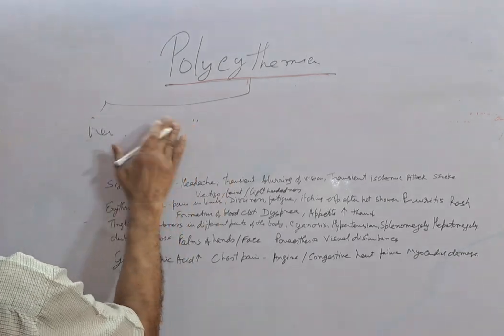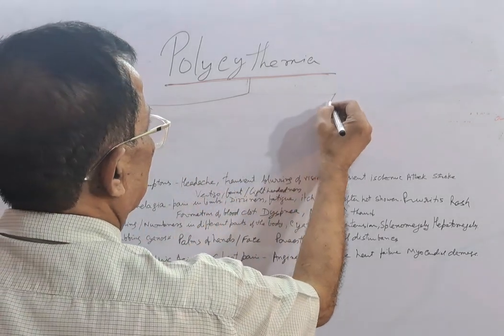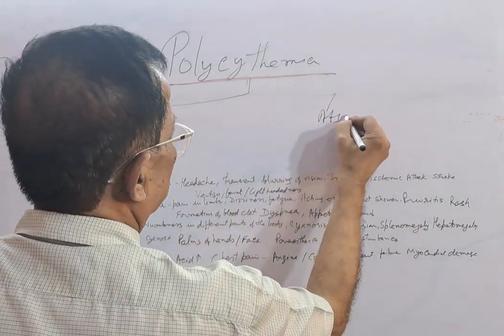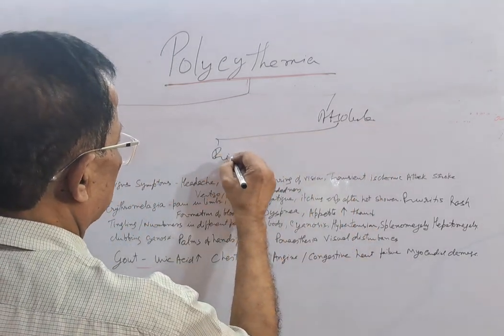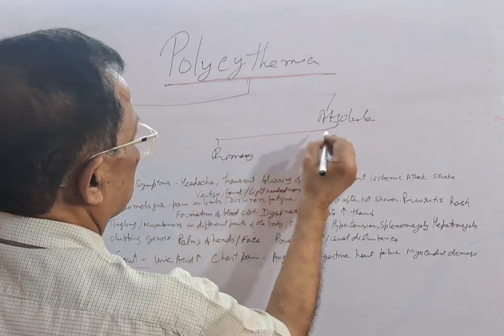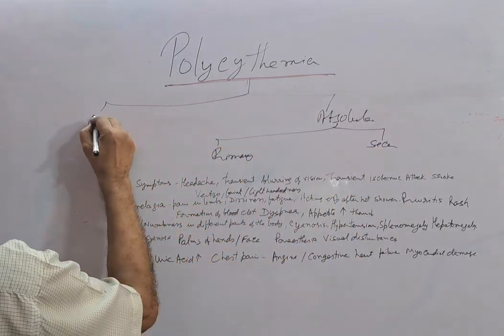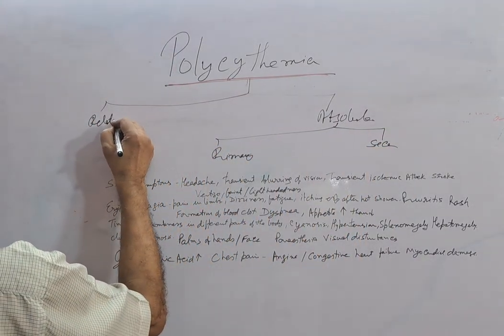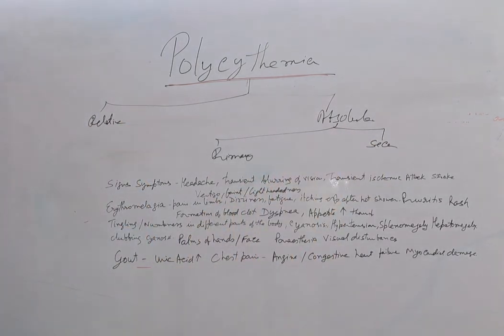Now coming to absolute polycythemia. Absolute polycythemia is of two types, primary and secondary. This is relative, and this is absolute type of polycythemia.